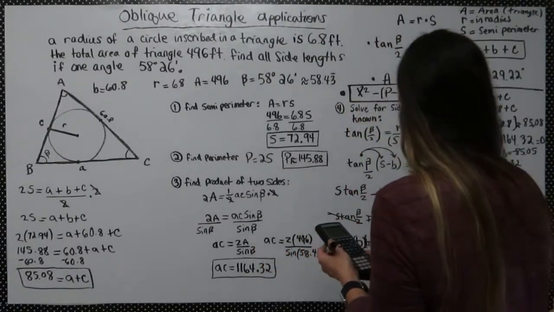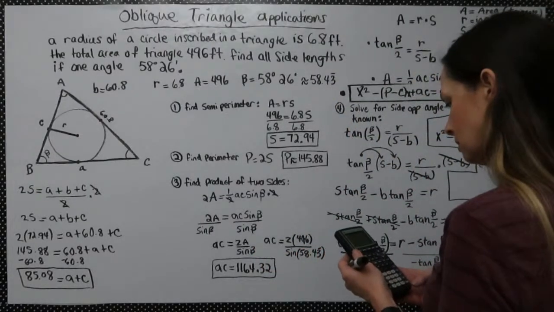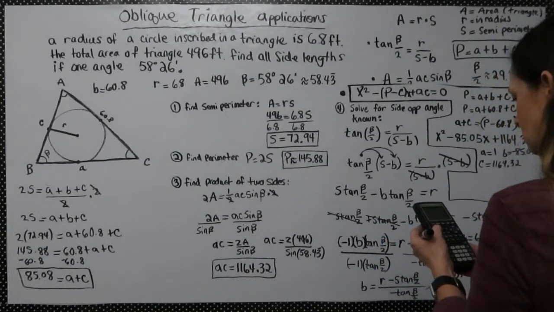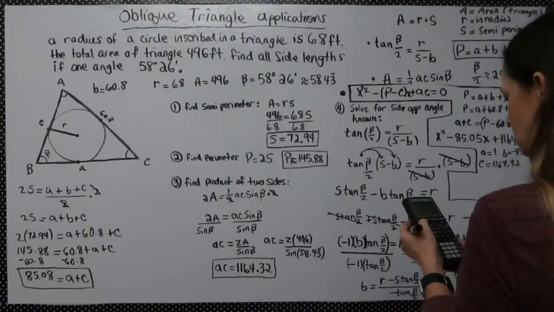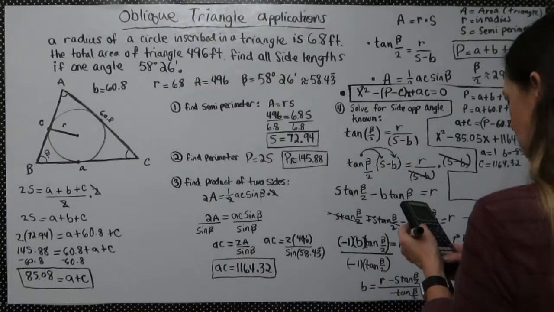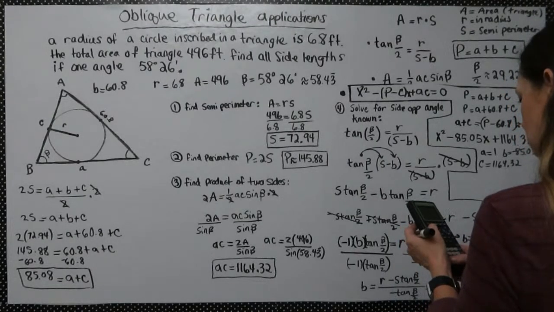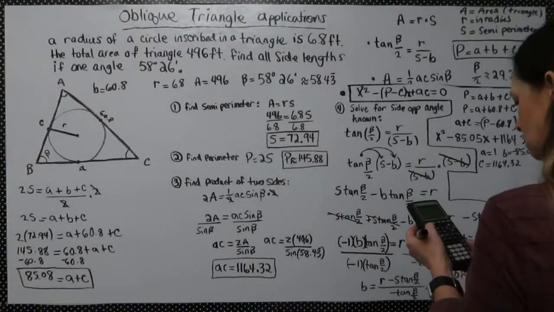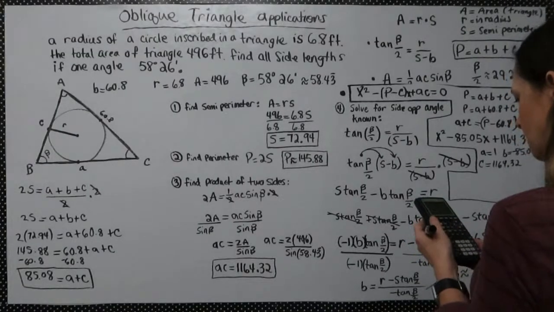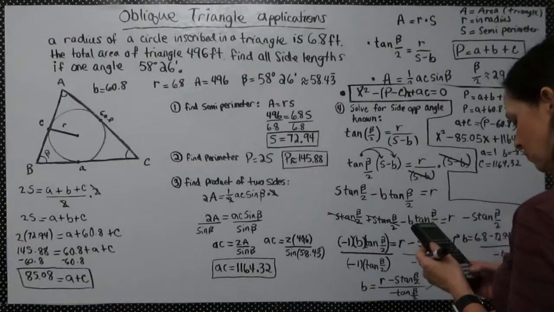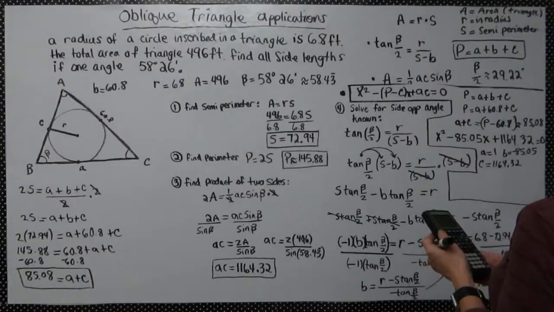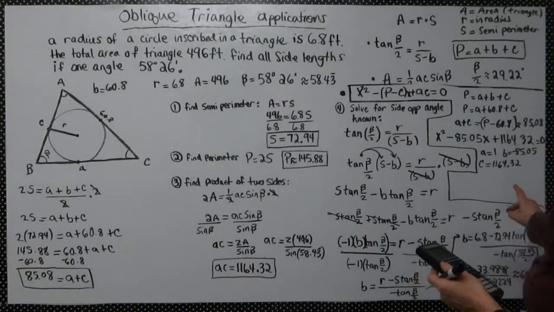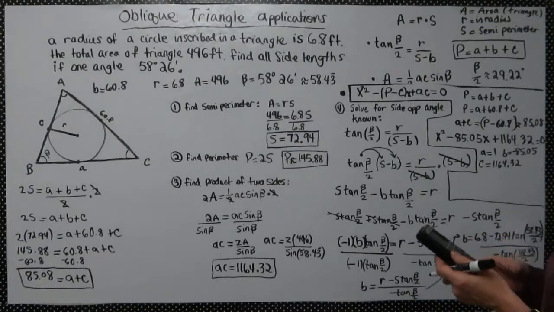All right, A plus 1. Program 4. Here. A is 1. B was negative 85.05.